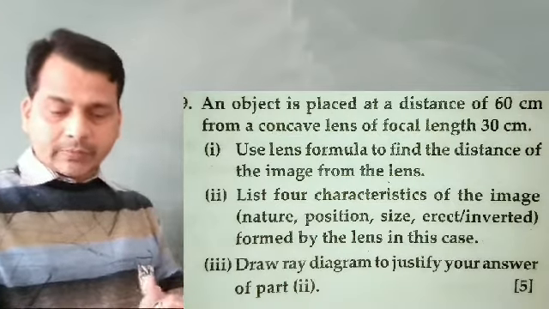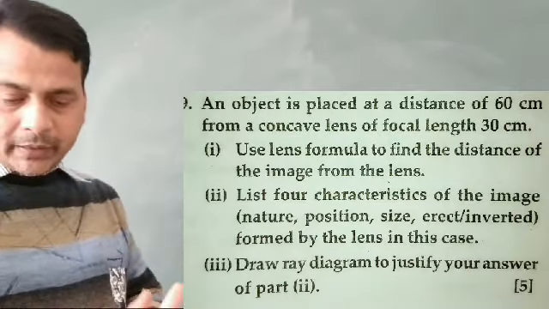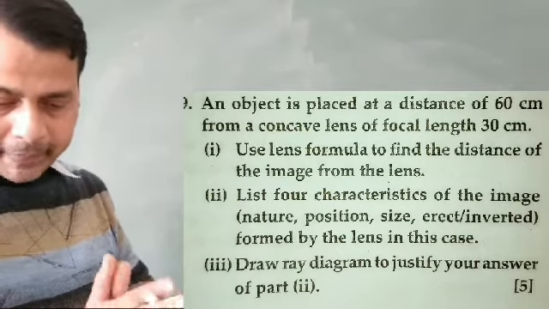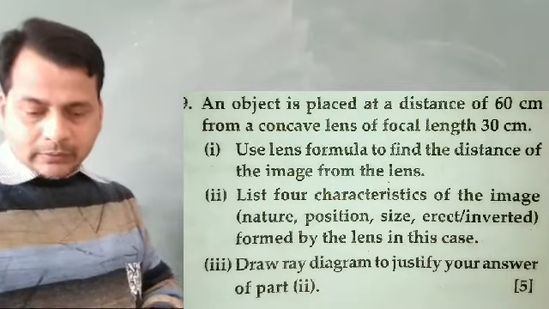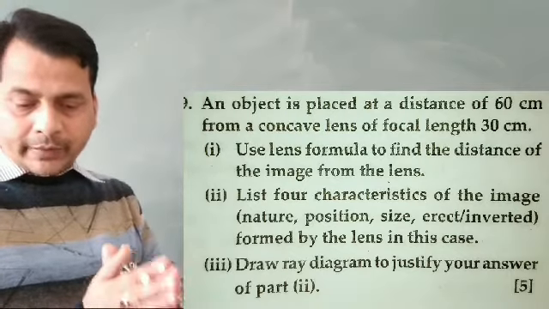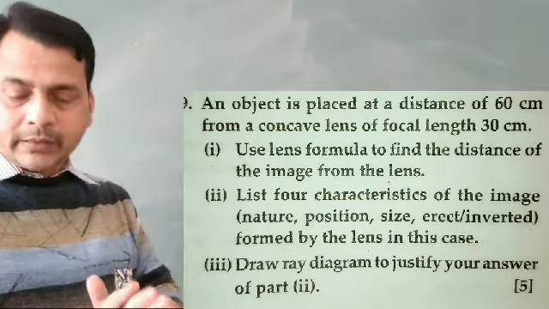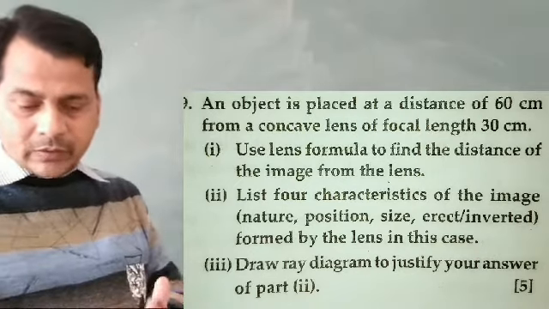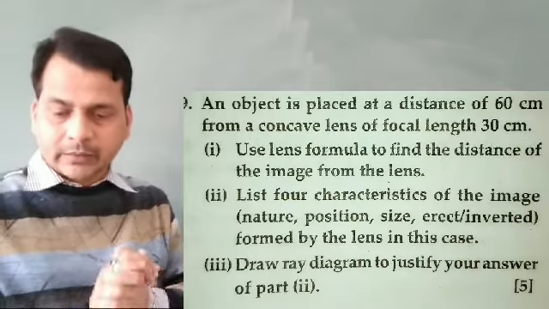Here is the next question of this question paper. An object is placed at a distance of 60 cm from a concave lens of focal length 30 cm. Use the lens formula to find the distance of the image from the lens.